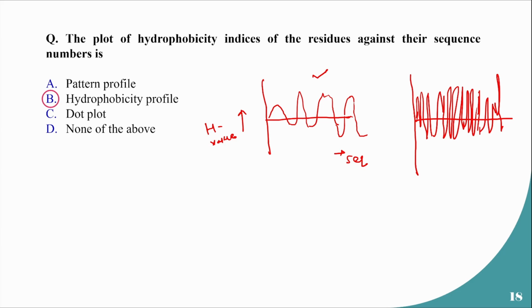Obviously that will reduce the number of dots in comparison to 1 by 1 matches. So 3 by 3 matches will have a lot fewer dots. In this case, you can do the same thing. You can have some window size, calculate the average value of hydrophobicity for that window, and then you can smoothen the graph to look a bit more like this to infer some sort of patterns, right? So that you can do.